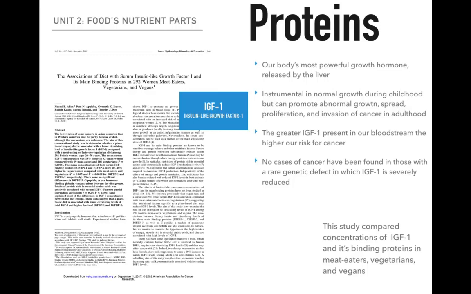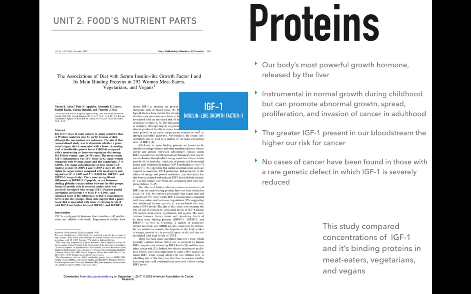Many meat and mortality studies have led researchers to try to uncover the mechanisms for why conditions like cancer and heart disease might be elevated in those consuming lots of meat. And this particular study looked at IGF-1, our body's most potent growth hormone, as well as the IGF-1 binding protein levels in meat eaters, vegetarians, and vegans.